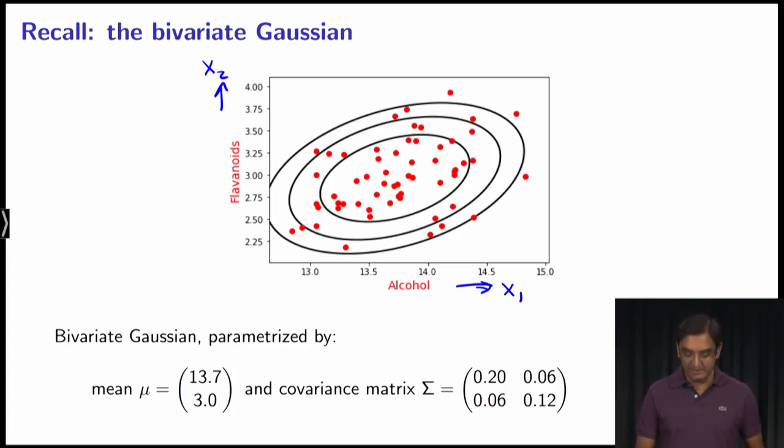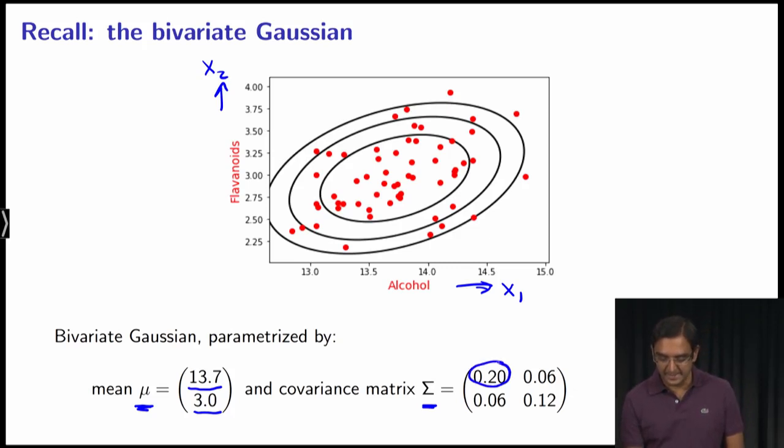So the Gaussian parameters were the mean, which is a two-dimensional vector represented by the Greek letter mu, which consists of the mean of x1 and the mean of x2. The other parameter of the Gaussian is a 2x2 covariance matrix, which we denote by the Greek letter capital sigma, and it has only 3 distinct numbers in it.